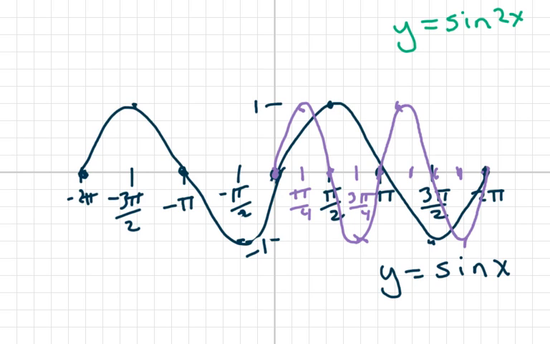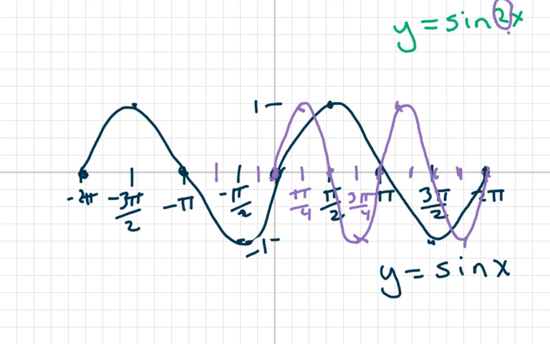So it actually made 2 complete waves between 0 and 2 pi. This is where the 2 comes in. It makes 2 complete waves. And that's why we had to divide our initial quadrantals that we're used to using by 2, so we could get this result. And I can continue on.